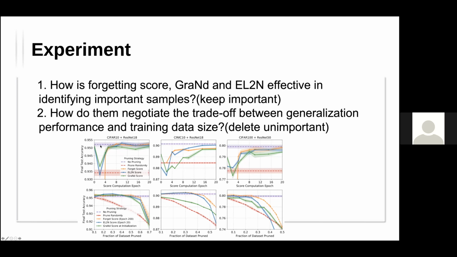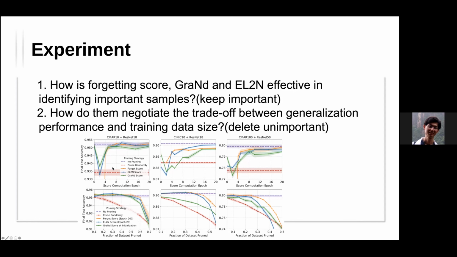And in the first row, for the forgetting scores, is it model dependent or model independent? It should be model independent. And how do they calculate the forget score? Do you read the paper?